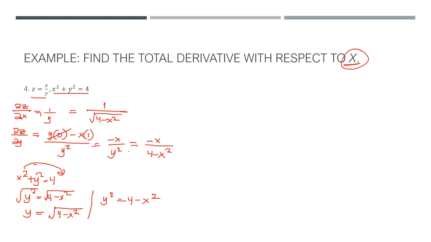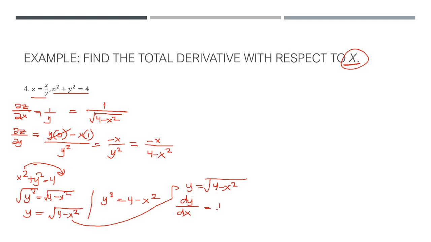Okay, and then afterwards, we have to find the derivative of our y in terms of x. So again, our y is equivalent to square root of 4 minus x squared. And in order for us to find the derivative of that in terms of x, we can change this one into exponential form.